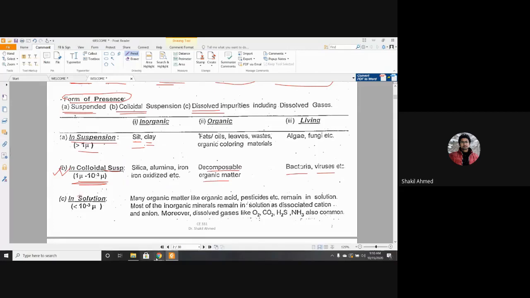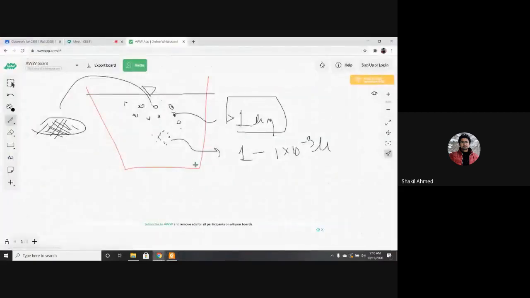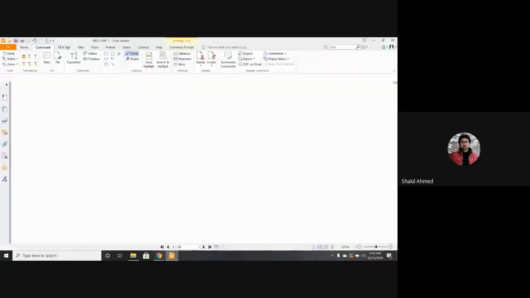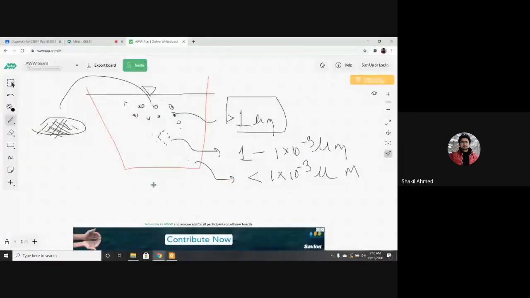Now, what is in solution? In solution means the particles are even smaller than 10 to the power minus 3 micrometers. For example, when you have iron dissolved in water, clear?